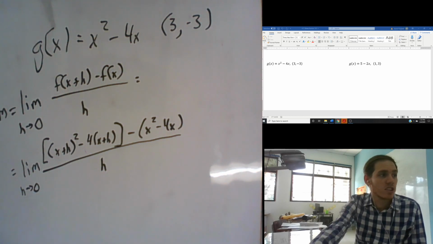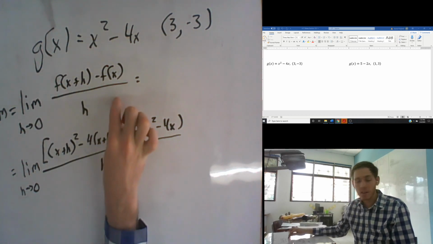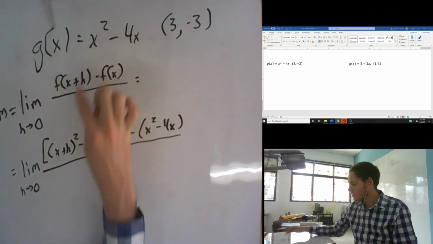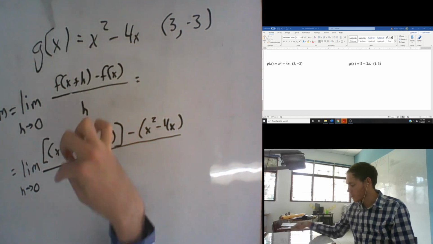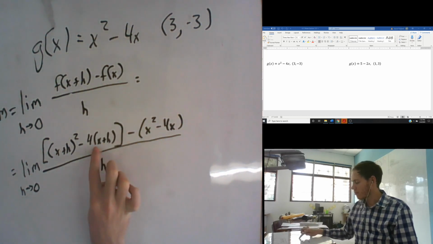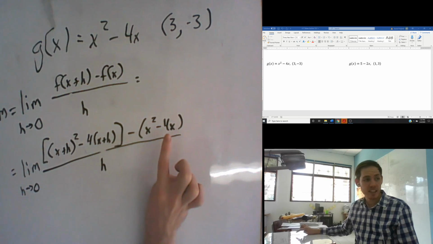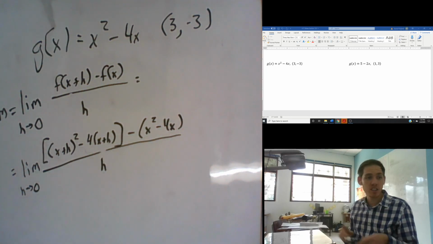Okay. So I just again start with the formula. We then plug in x plus h into x squared here, and x plus h into the 4x right here. Then we subtract f of x, and then we're going to just solve this out.